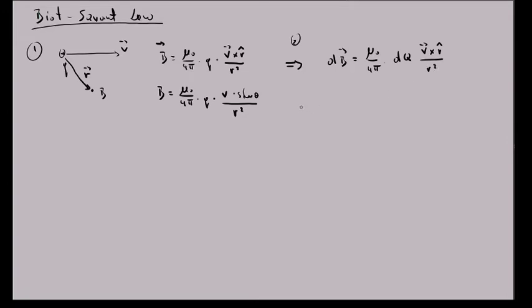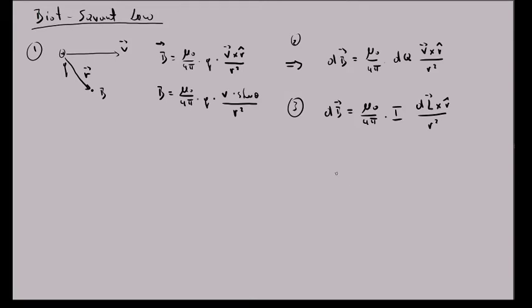From here you can turn it into an expression for the magnetic field due to a current. So this would be mu naught over 4 pi times I, and then dl, a segment of a wire, crossed with r hat over r squared.